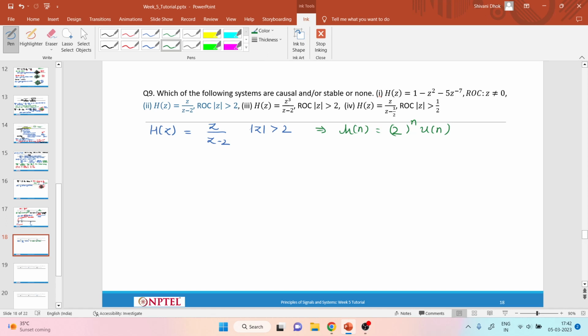This u of n makes h of n equal to 0 for all n less than 0, which means that this system is causal. So this is causal.